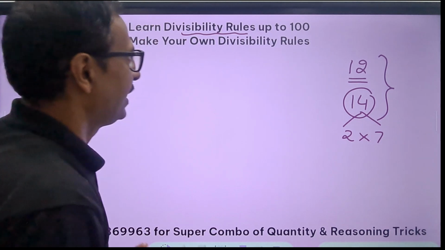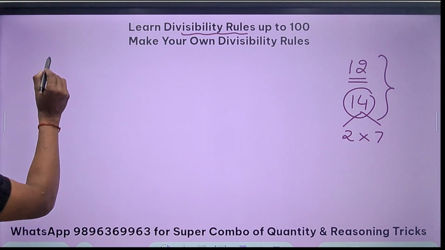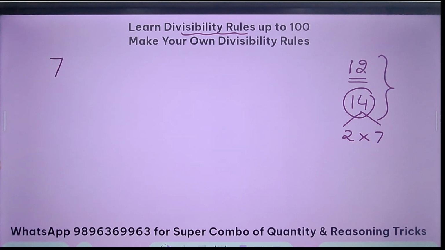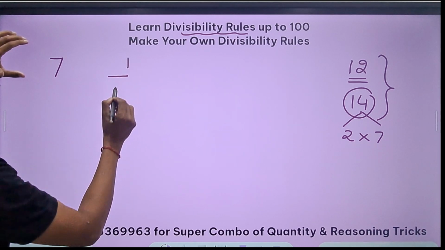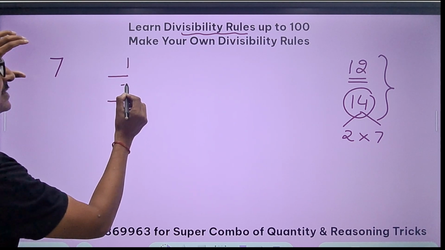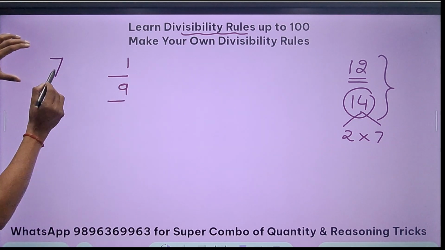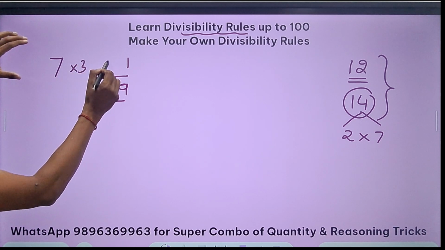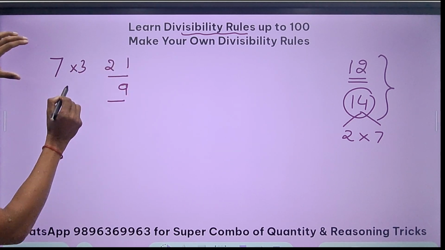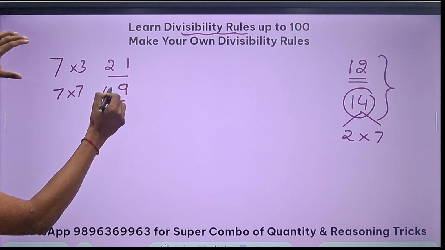For that, I just need to tell you a basic concept first. See, 7: I want to convert this 7 into something ending in 1 or something ending in 9. Now, if I multiply 7 by 3, I get 21 ending in 1, and if I multiply 7 by 7, I get 49 ending in 9.